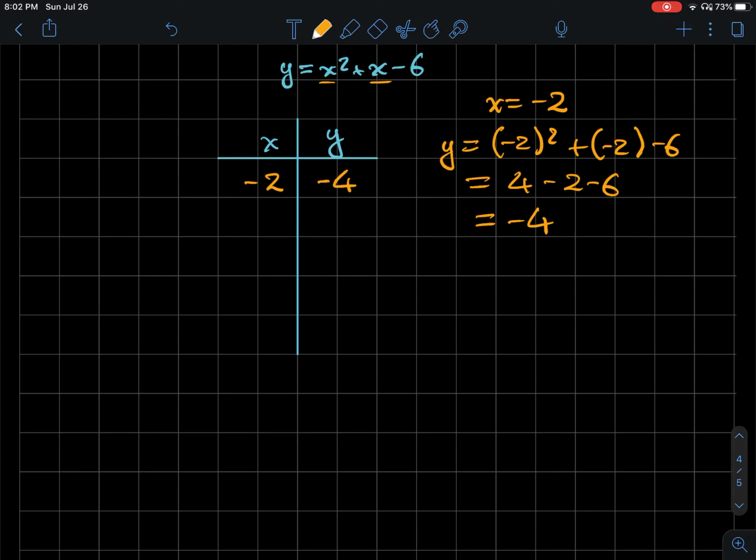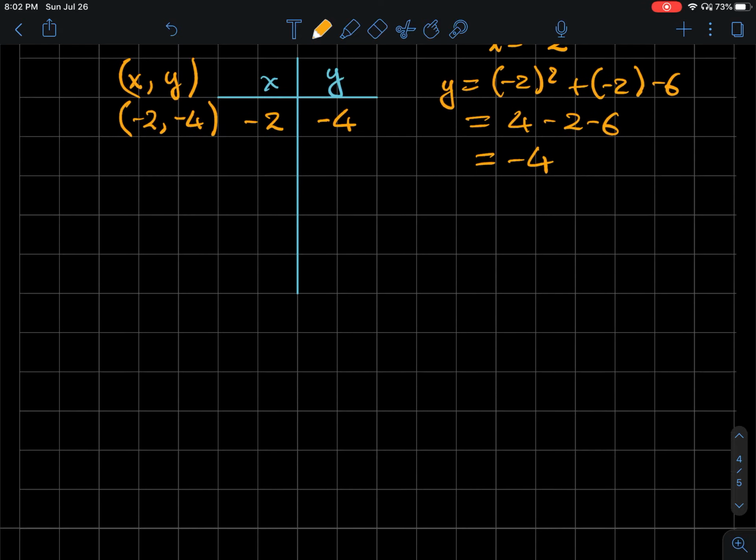So when x is -2, y is -4. And we can immediately convert these into coordinate pairs, which are in the form (x, y). This would be (-2, -4), which is a point on the coordinate plane. Now, you'll see why this is important in just a few moments.